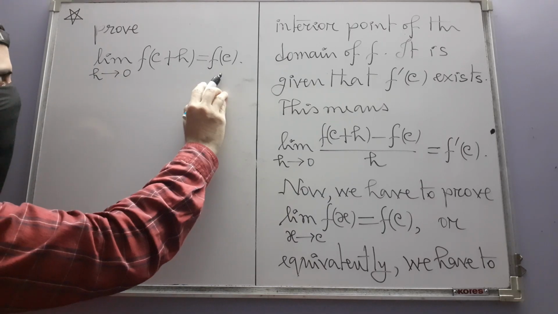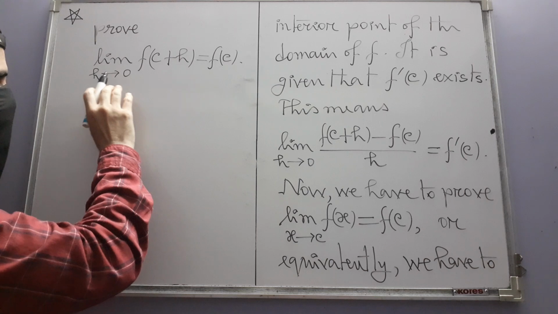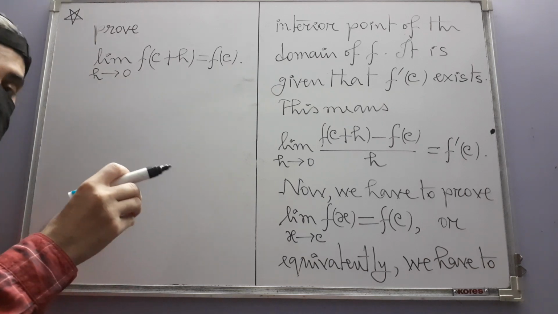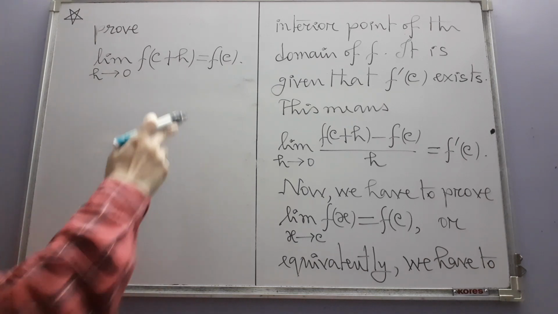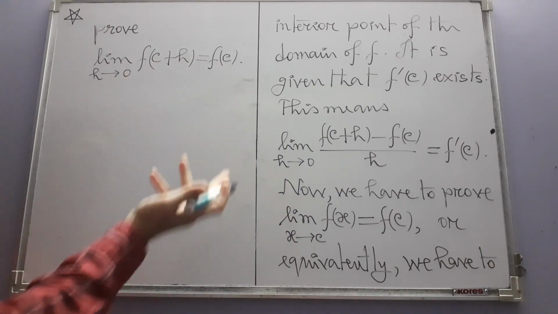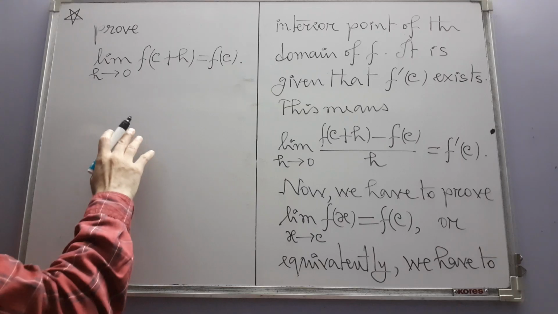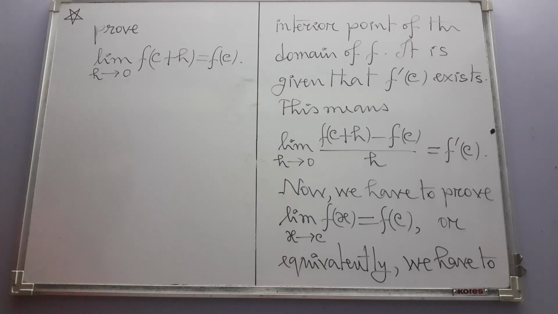Here of course that's a necessity, that h cannot be 0, otherwise things will become meaningless. Here that is not a necessity, but that's what the definition says. A limit like this has nothing to do at the point h equal to 0. I mean, if you want, you can take h equal to 0 here, no problem will be there, but that has nothing to do with the limit. In fact, we have seen quite a few problems about this issue.